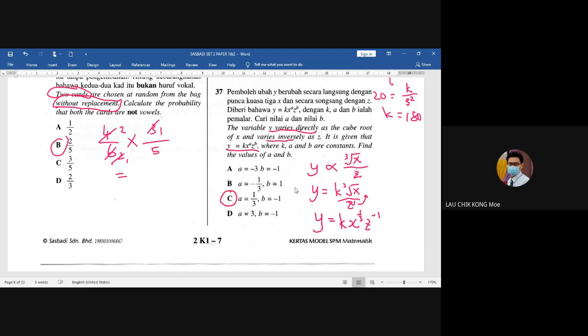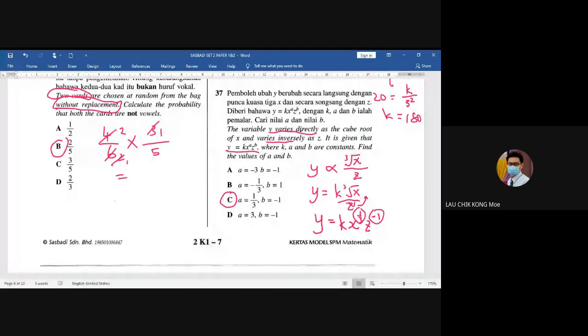So the answer is C. A is 1 over 3, b is negative 1. Okay, can. All right. Rooney, boleh Rooney? Boleh. Okay, congrats.